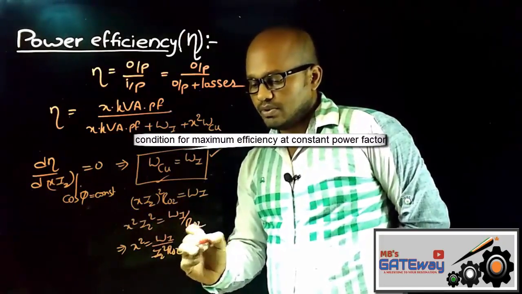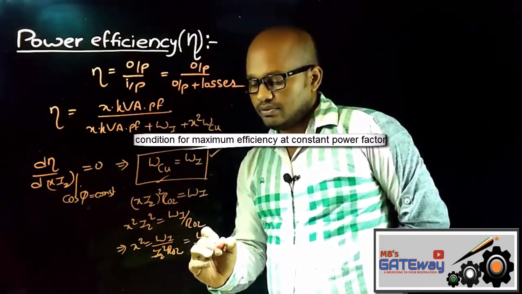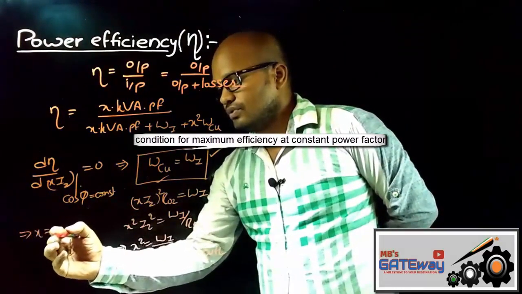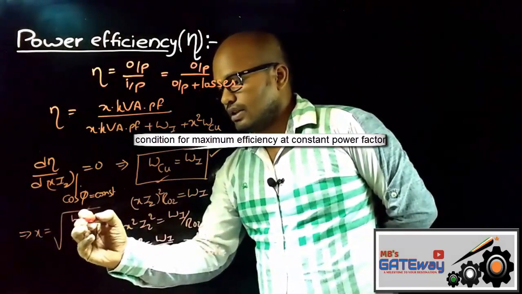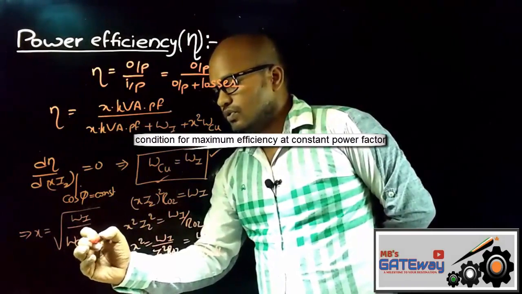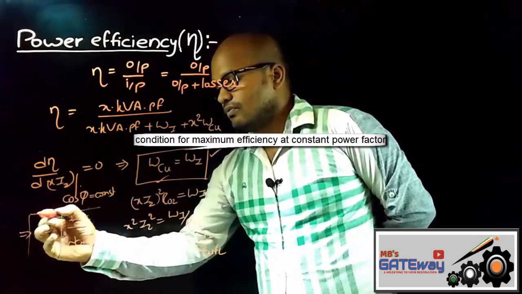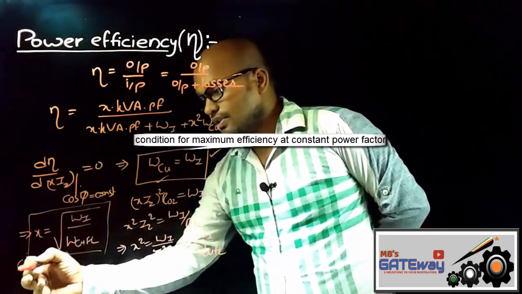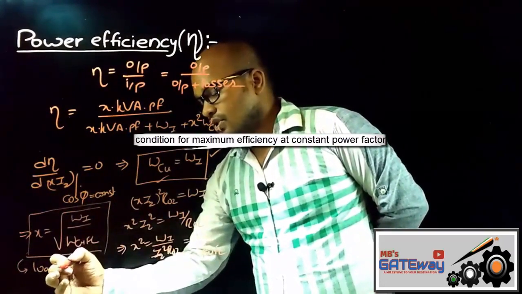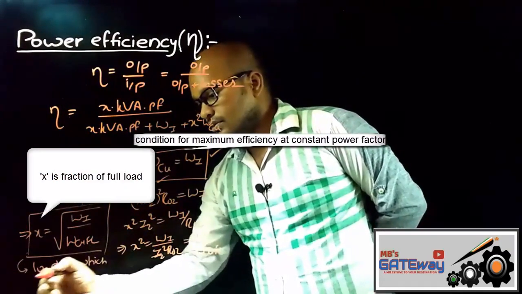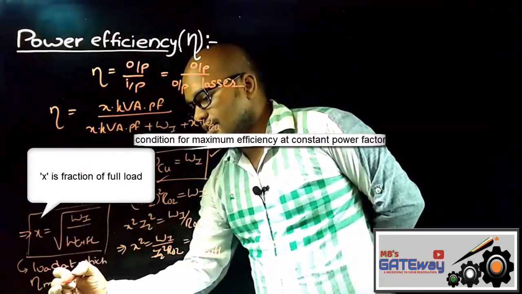So WI by WCU full load, and that implies X is equal to square root of iron losses by full load copper losses. This is one more important relation which will represent the load at which maximum efficiency occurs.